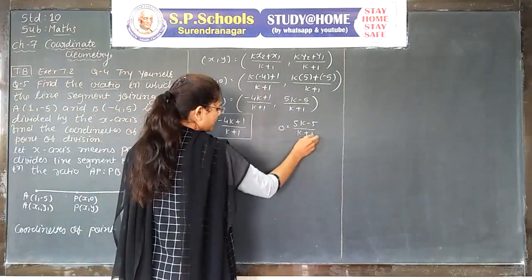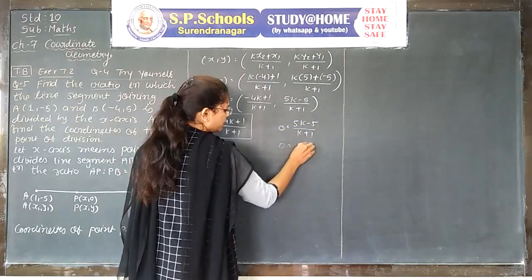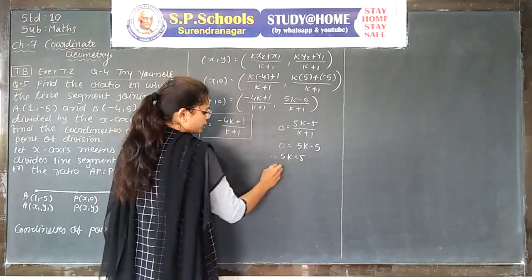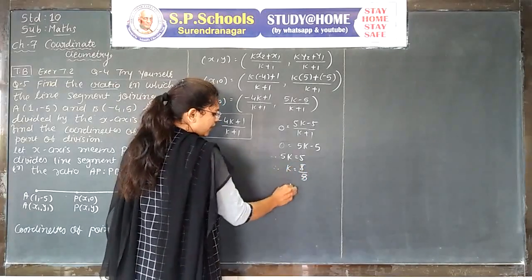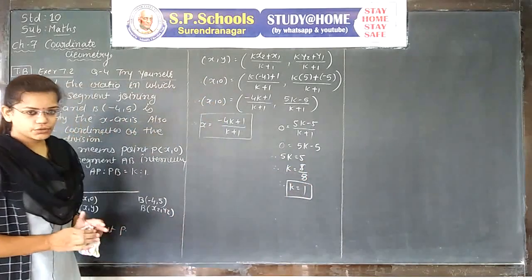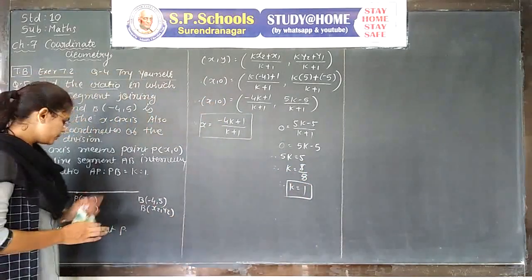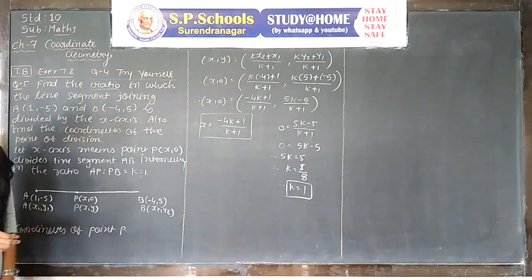To find the value of x, first of all we obtain the value of k from the second step. (k + 1) multiplied by 0 we get 0, remaining 5k minus 5. That's why 5k is equal to 5 and k is equal to 5 upon 5, 5 cut and we get k as 1. Whenever we get k equal to 1, our ratio is 1:1. Ratio 1:1 means the point of intersection is the midpoint of the given line segment.